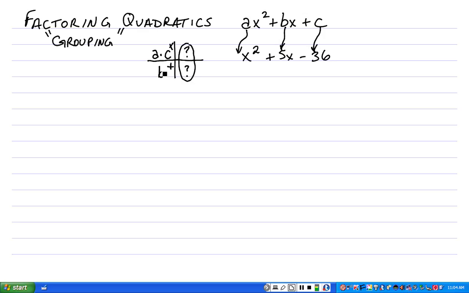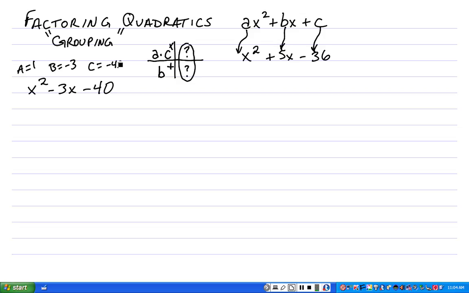So let's look at an example. Let's say we have x squared minus 3x minus 40. In this particular example our a is 1 because 1 is the coefficient of this x squared, our b is a negative 3, and our c is a negative 40.